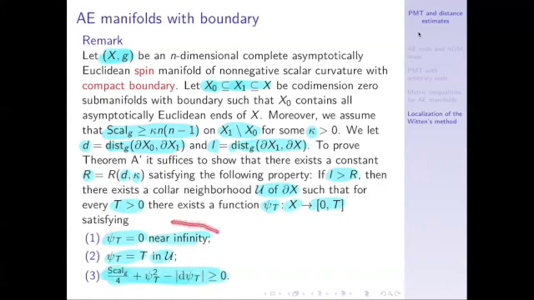In particular, this condition is needed because we want to construct an admissible potential on the double. In order to double the manifold, we want to modify the metric in a small collar neighborhood of the boundary, and then we want to be able to control the negativity of the scalar curvature.